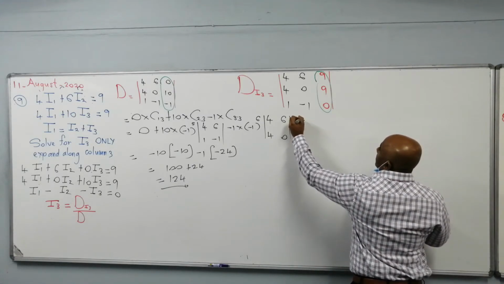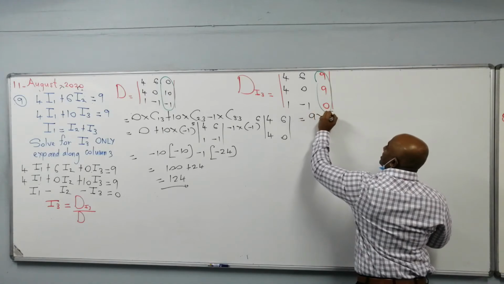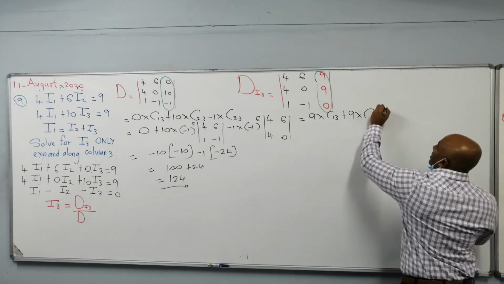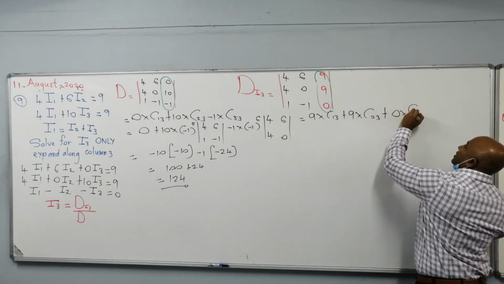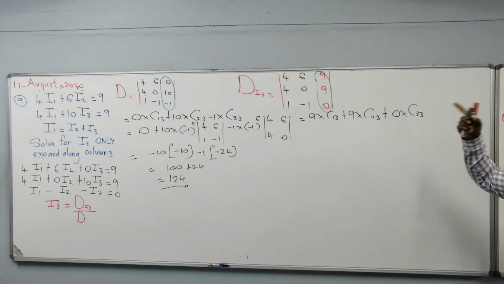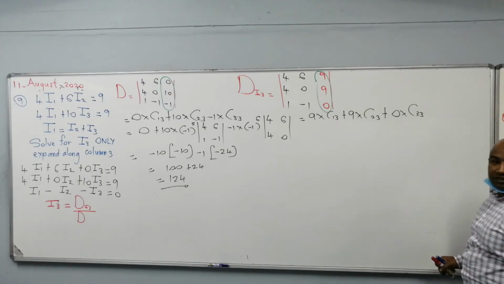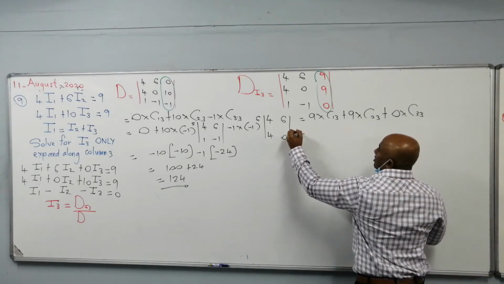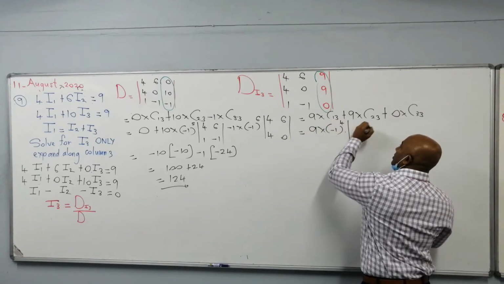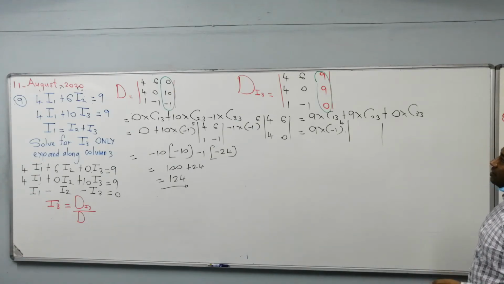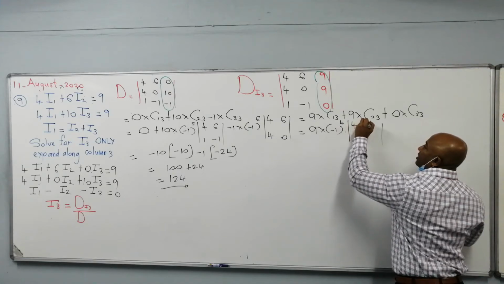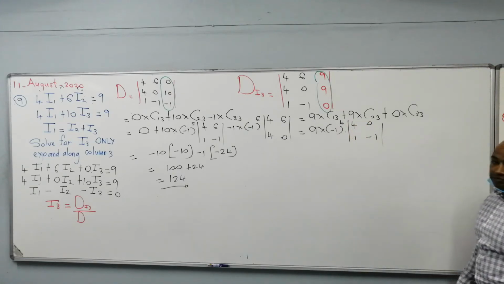So this is going to be 9 times C13 plus 9 times C23 plus 0 times C33. Row 1, column 3, row 2, column 3, row 3, column 3. So this is going to be 9 times minus 1 to the power 1 plus 3, which is 4, block row 1, block column 3, so we are left with 4, 1, 0, minus 1.